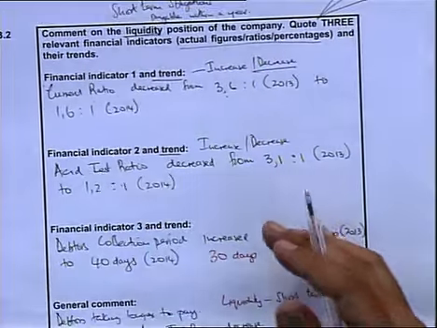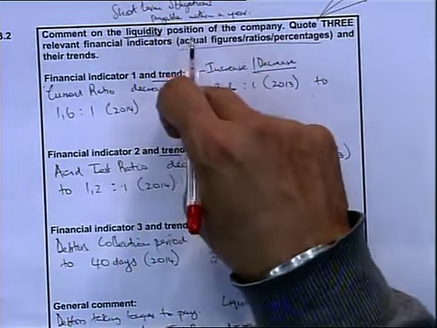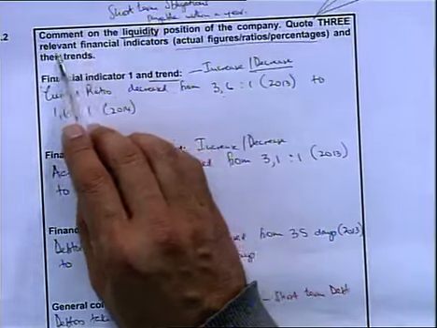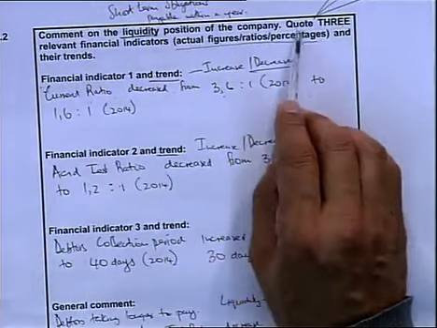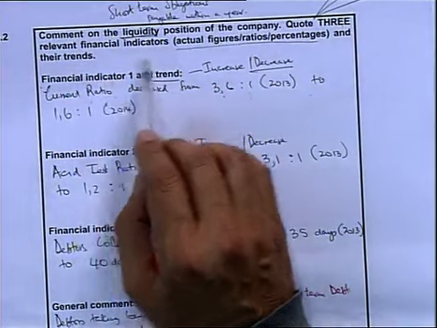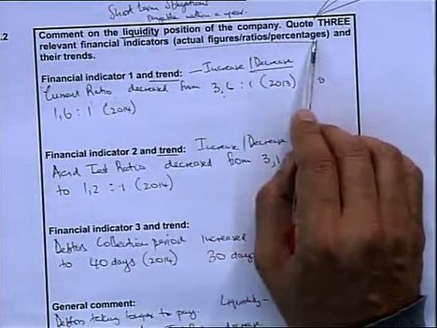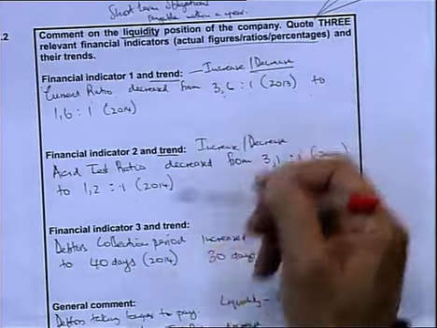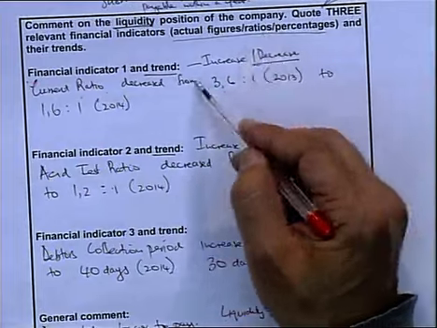But it's very important for you to mention the financial indicator when you quote. That is why the examiners put, quote 3 relevant financial indicators, mention the financial indicator, give the actual figure, ratios or percentages. In this case, it was just figures that you had to give. That was for the ratios.